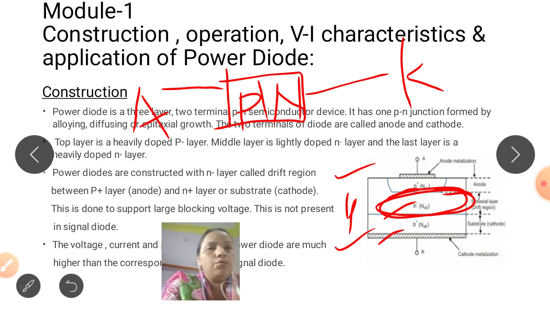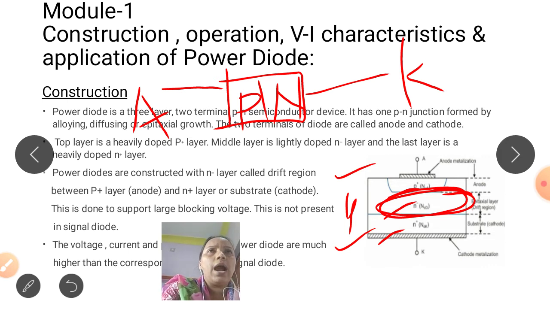You already know that semiconductor materials are of two types, intrinsic and extrinsic. Intrinsic semiconductor material is the pure semiconductor material. When we add some impurity into the pure semiconductor material, it becomes p type material or n type material.